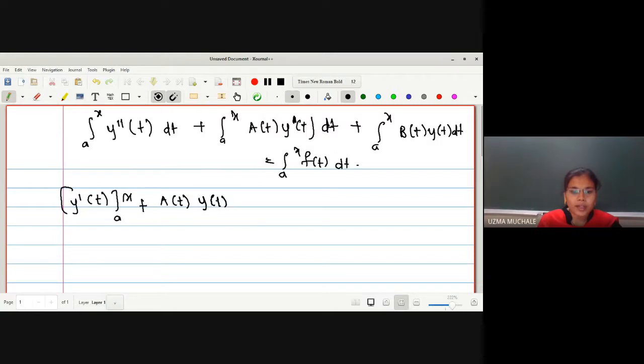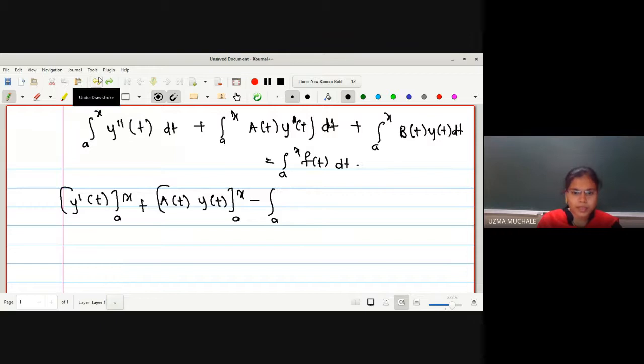Y of t, right, the first term within the limit a to x, minus the integration of the derivative of the first term. As the integration is with respect to t, we have to take the derivative of the first term that we have kept as it is. So what will be d by dt of a of t? We can write it as a dash of t. Correct.